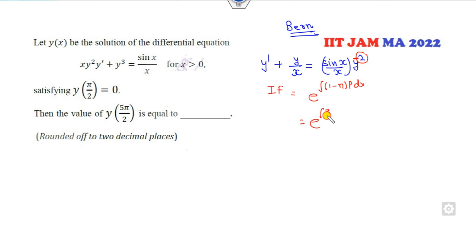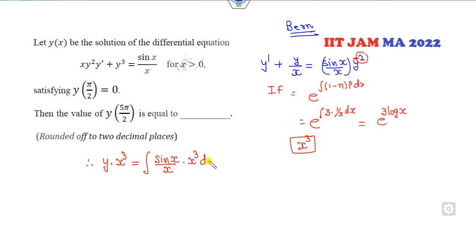So this is my 3 into 1 over x. So what is the answer of this? It's 3 log x. So that is x cube. Fine. So what is the solution of this? y into integrating factor, which is right hand side sin x over x into x cube.